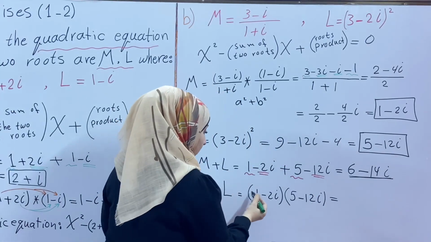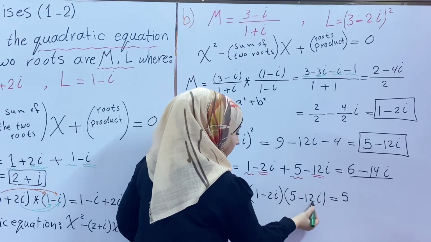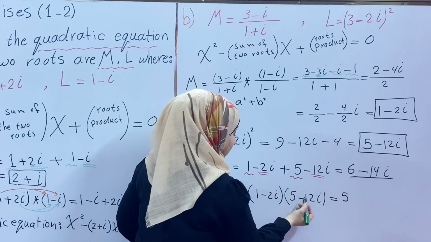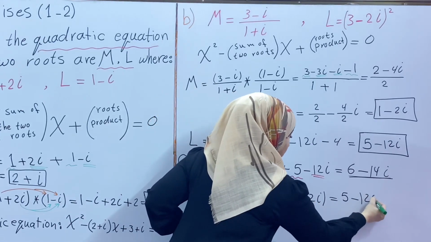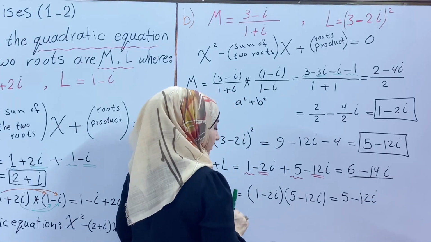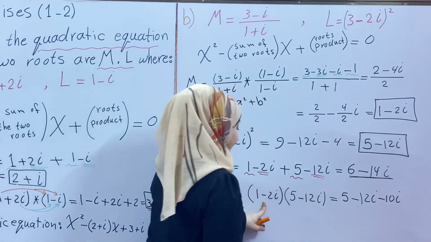So 1 multiplied by 5, 5. 1 multiplied by negative 12i, it will be negative 12i. Negative 2i multiplied by positive 5 equals negative 10i.